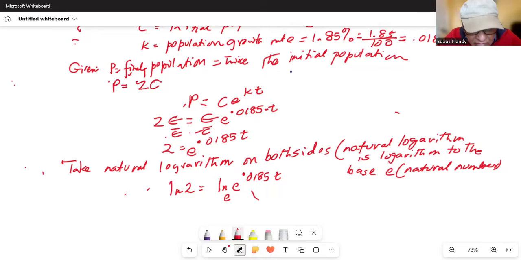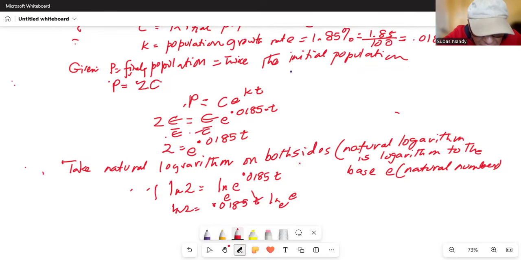So ln 2 is equal to 0.0185 t times ln e, the logarithm of e to the base e. Now, another property of logarithms is that when you have the same base, like the logarithm of e, the natural number, to the same base e, that is equal to 1.